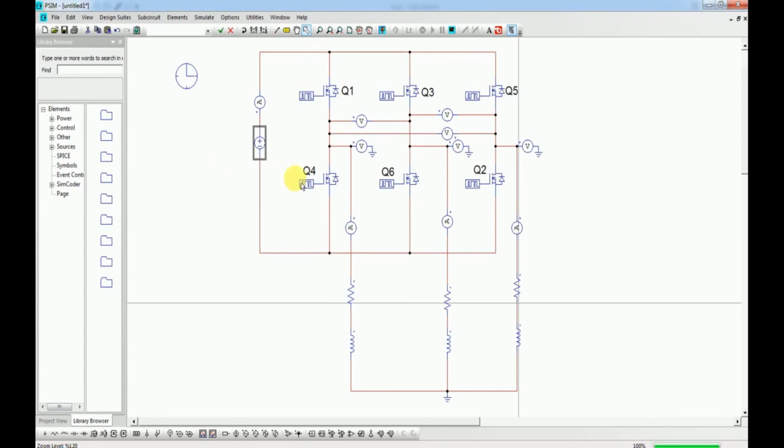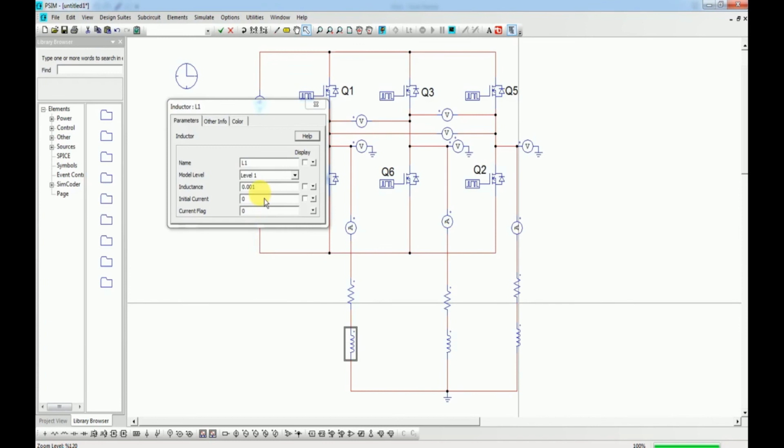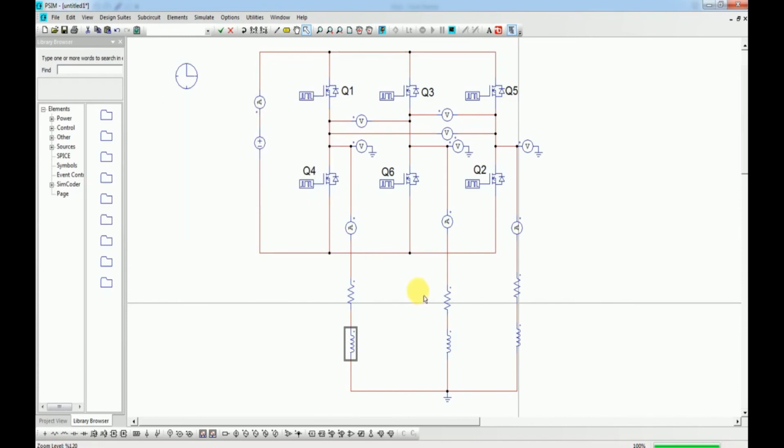In addition, we have connected ammeters to measure the load currents. The load is an RL series load with a resistance of 10 ohm and an inductance of 0.001 millihenry.